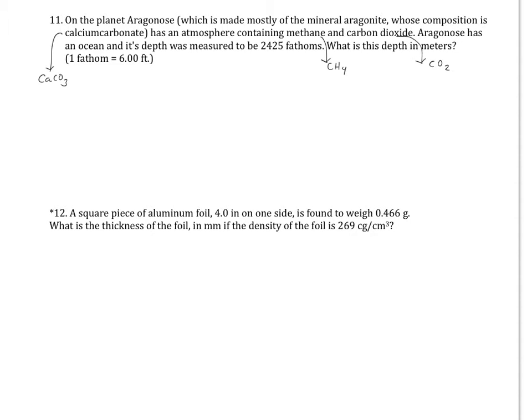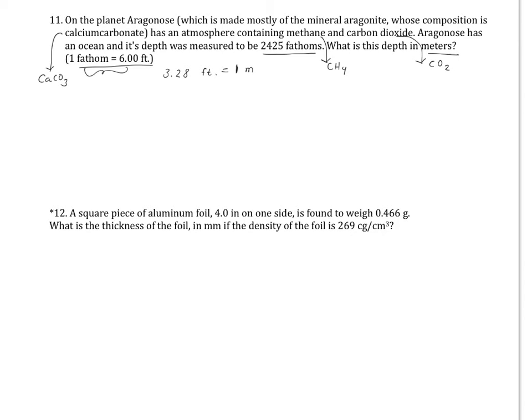It has an ocean that is 25 fathoms, and we want to convert that to meters, given that we know that 1 fathom is 6 feet. And we also know from our conversion factor sheet that 3.28 feet is equal to 1 meter.